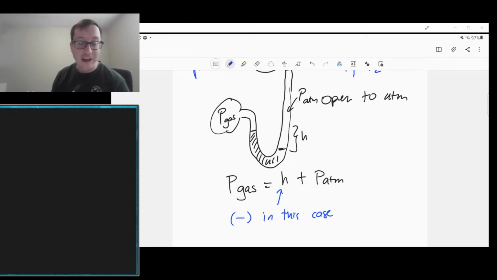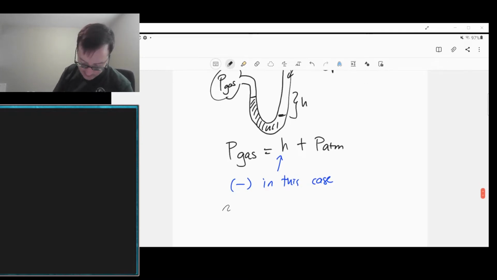In the case where your gas has higher pressure than the atmosphere, H will be positive. Because if you think about it, if you H plus ATM, if they're both positive, you're going to have a bigger number. But we can see here that the gas has a lower pressure because the mercury level is higher there. So you'll have to consider what the higher one is before making that determination.